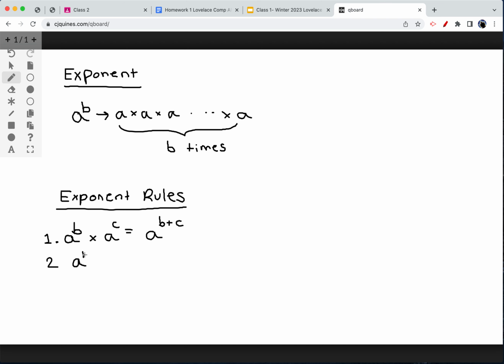A to the power b divided by a to the power c is equal to a to the power b minus c. A to the power minus b is equal to 1 over a to the b. And lastly, a to the power 1 over b is equal to the bth root of a.